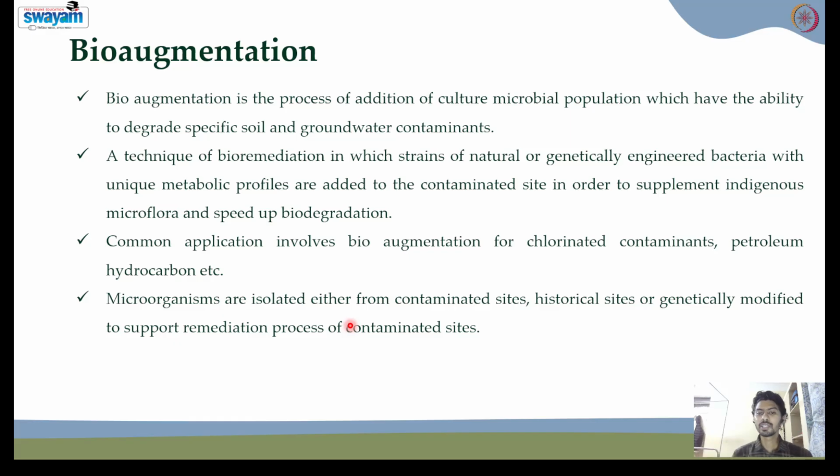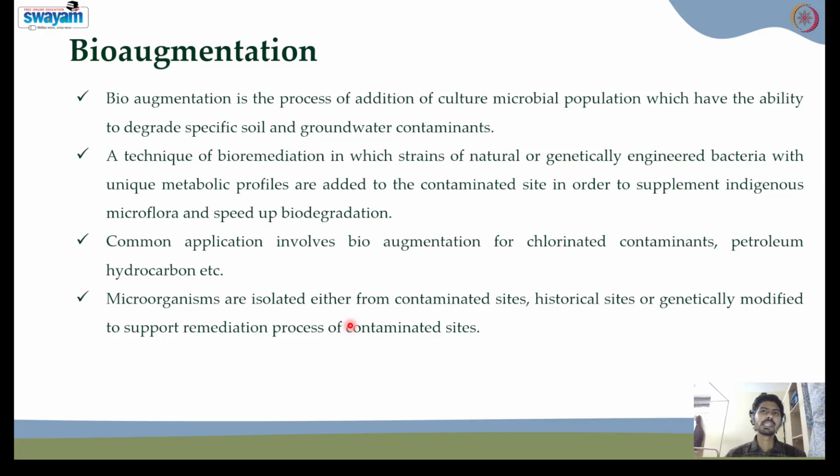So in order to give a glimpse, bioaugmentation is nothing but you will be adding the culture to the contaminant site and you will be providing the nutrients as well in order to speed up the progress of bioremediation. For example, we will take again the oil spill. What is the resource here? Here the resource is hydrocarbons.